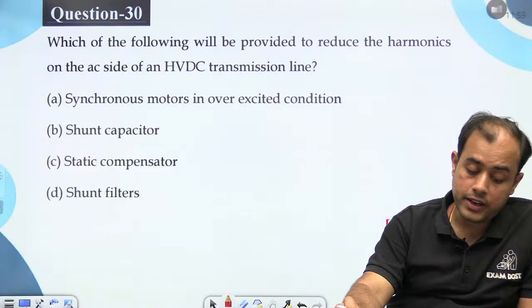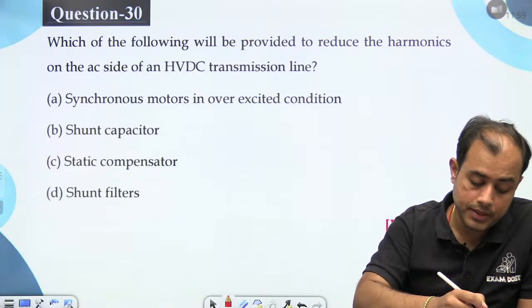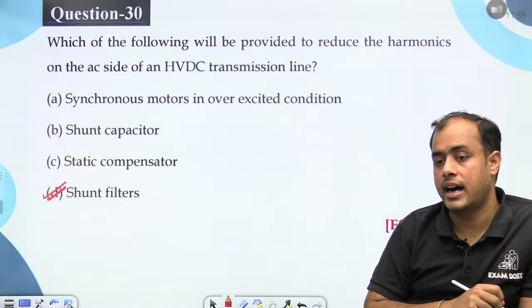Which of the following will be provided to reduce the harmonic on AC side? Filter. Filters are required to reduce harmonic.